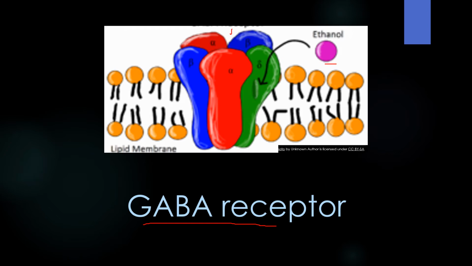So it is playing the role as if it were a benzodiazepine sitting on the side here to help facilitate the GABA receptor. Again, these are 2 alpha, 2 beta, and a gamma or delta subunit, and ethanol has a site on the delta subunit of the GABA receptor in general.